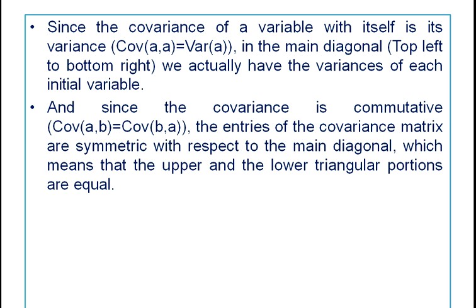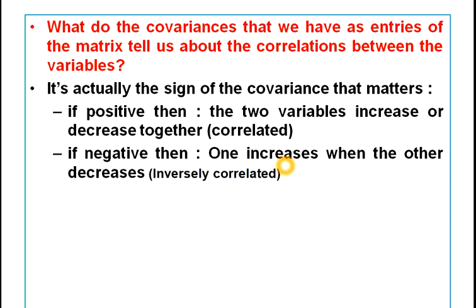And since covariance is commutative, meaning covariance of AB is equal to covariance of BA, the entries of the covariance matrix are symmetric with respect to the main diagonal, which means that the upper and lower triangle portions are equal. Note this down, very important: upper and lower triangle portions are equal.